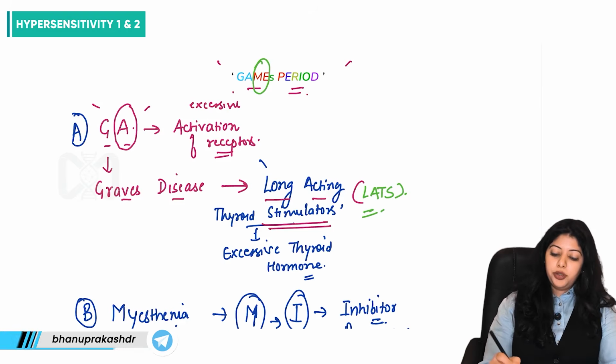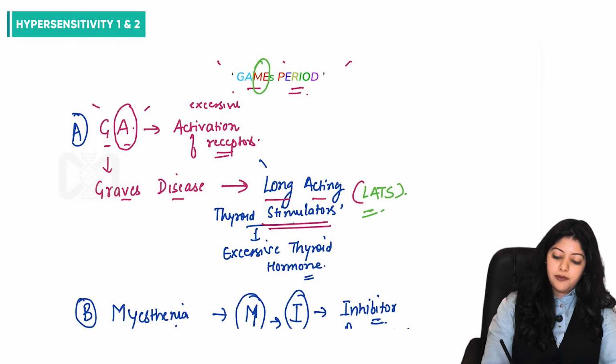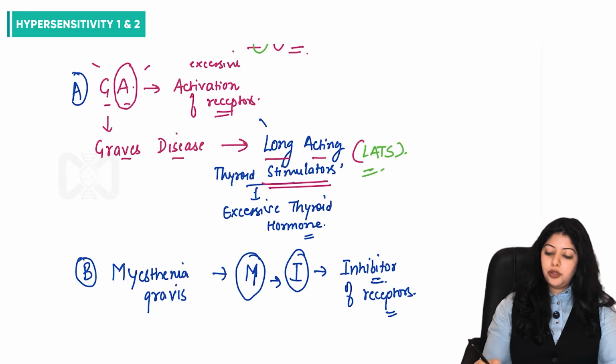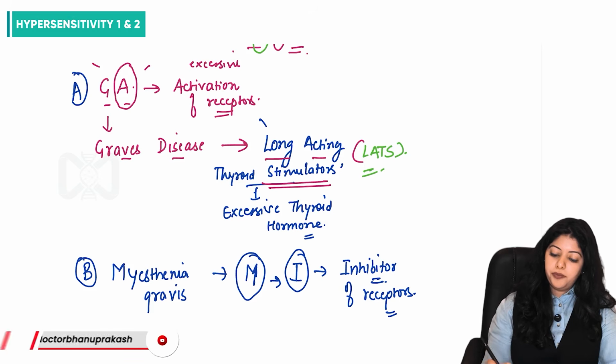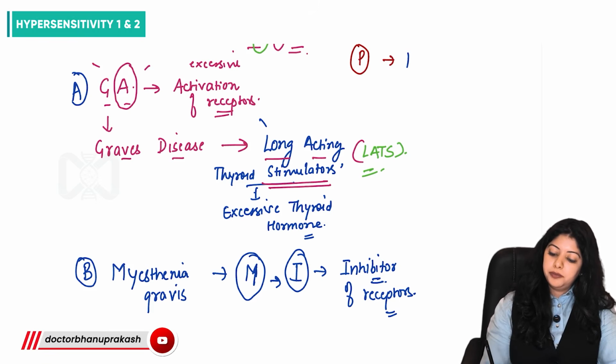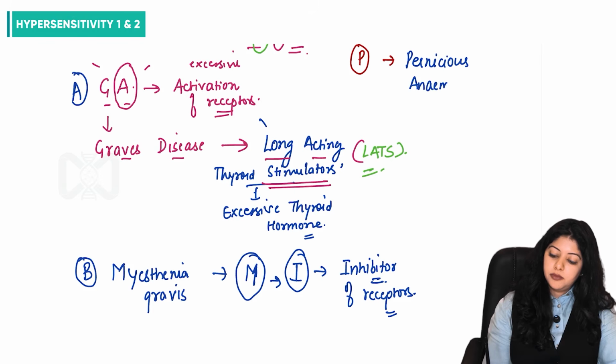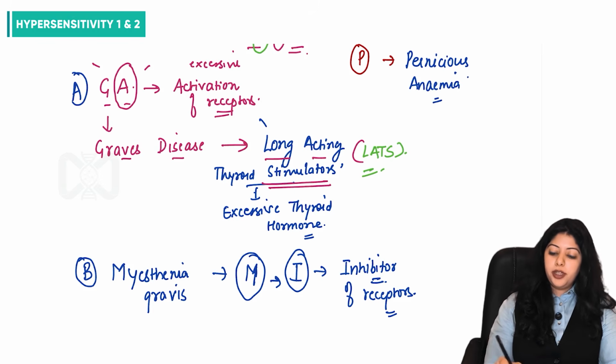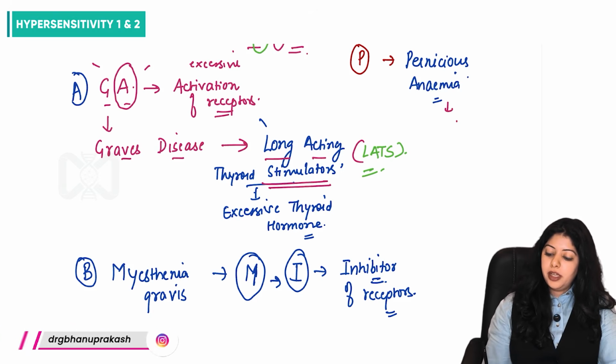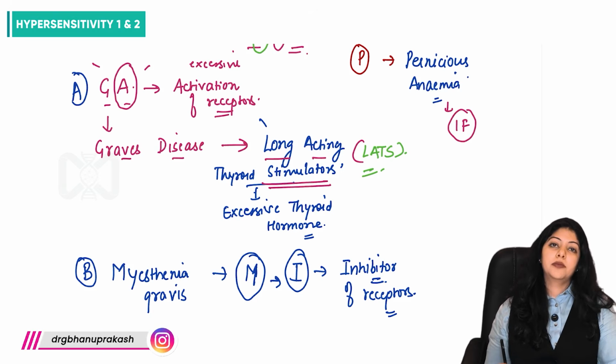Now let us move on to the next letter, which is P. P stands for pernicious anemia, where antibodies are formed against intrinsic factor, right?